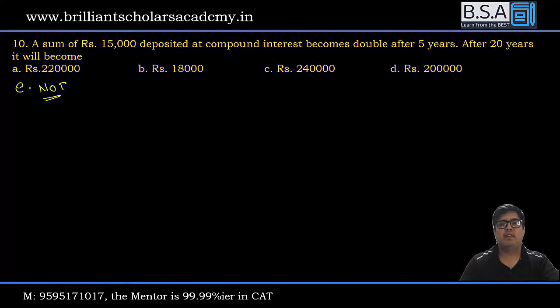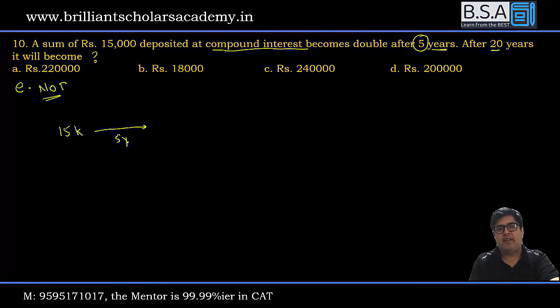The question says a sum of 15,000 is deposited at compound interest and it becomes double after 5 years. After 20 years, it will become? So the idea is, let us say I'm putting 15,000. If I wait for 5 years, the money is supposed to be doubled.